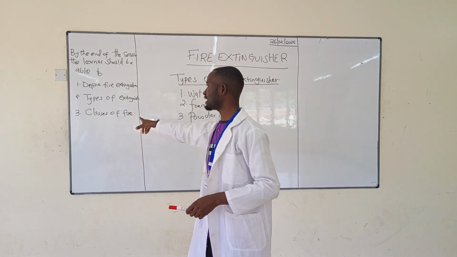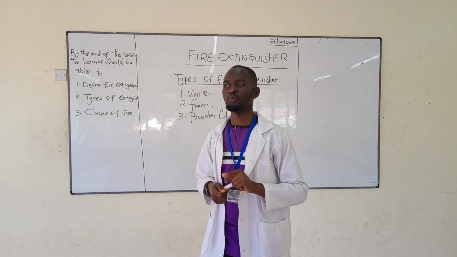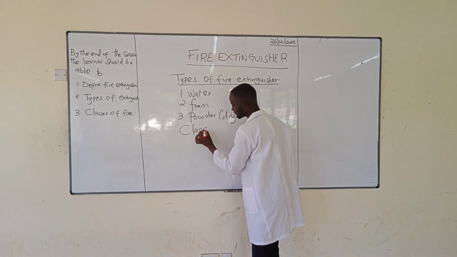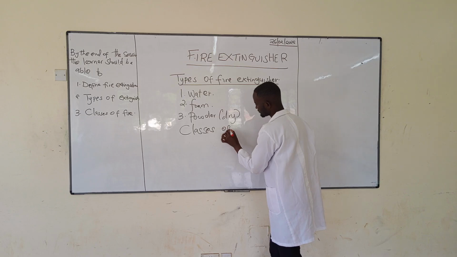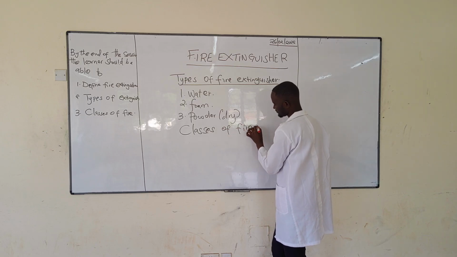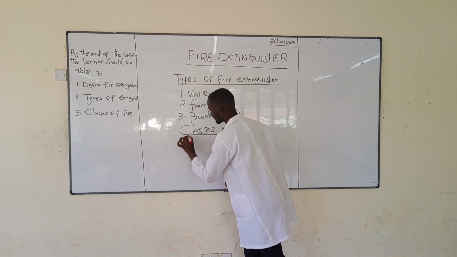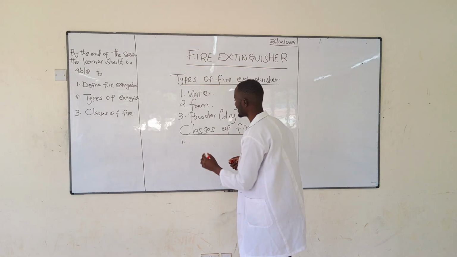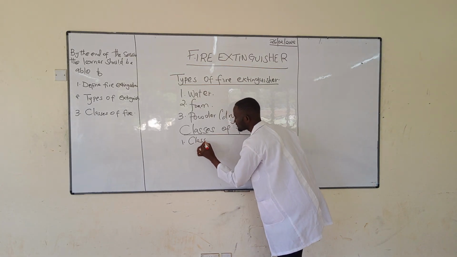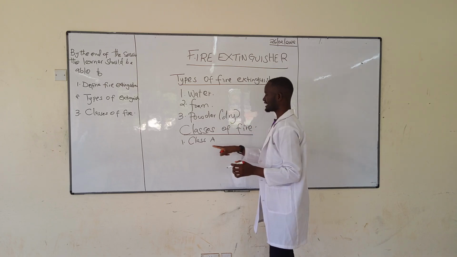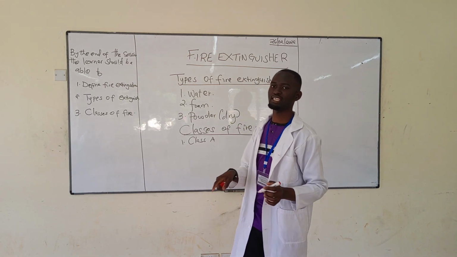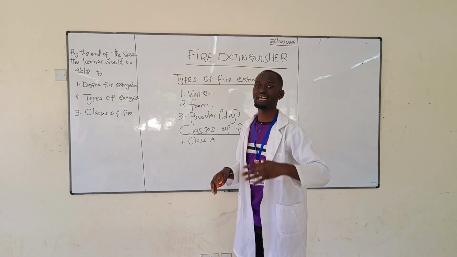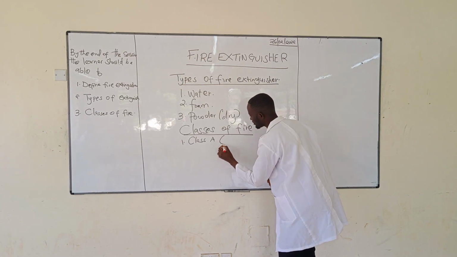So when we look at the classes of fire, number one, we have class A, and this class A fire is caused by wood, paper, cloth, the things that you know.